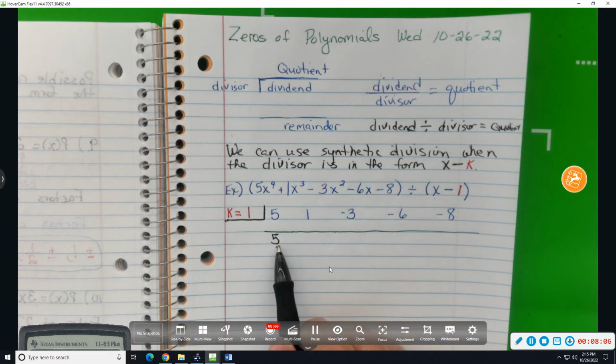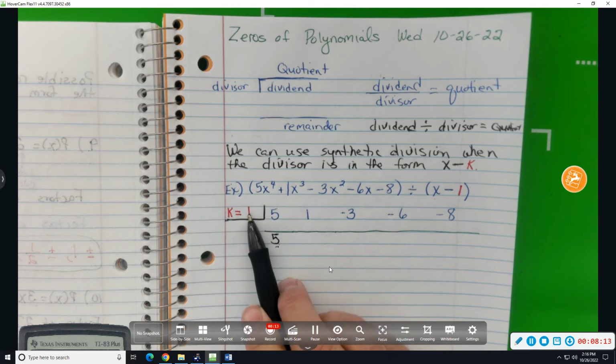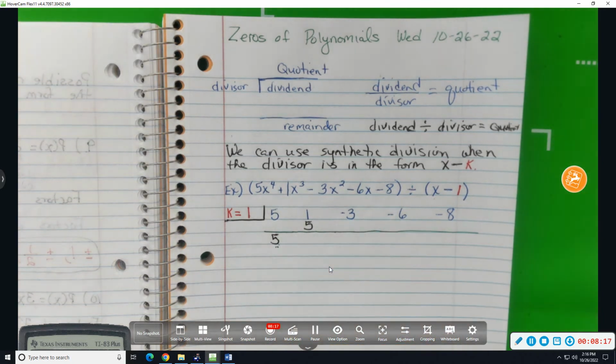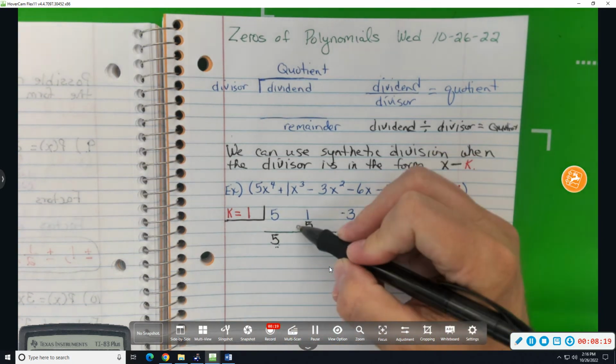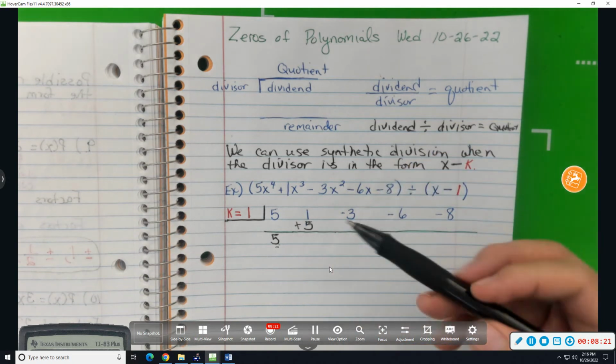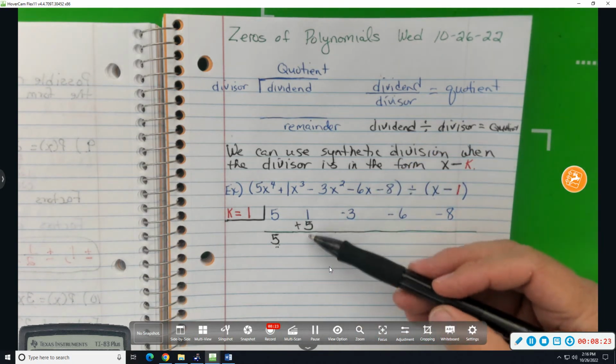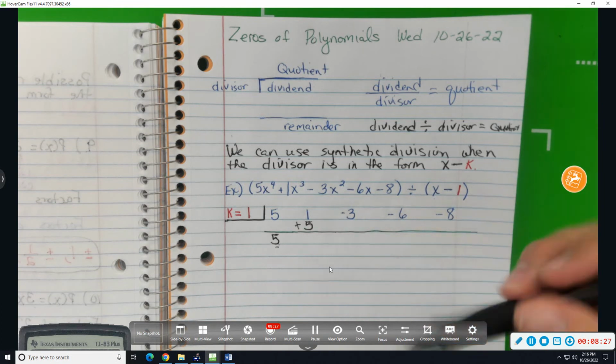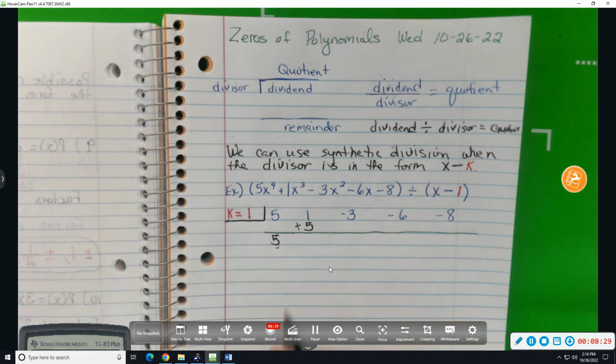Every number you put below the line, you multiply by k. So I'll say 5 times 1, and I'll put it right here. I would put the plus sign there to make a note. That's a positive 5, and that tells you what to do to the next column.